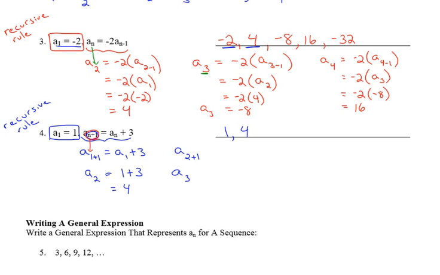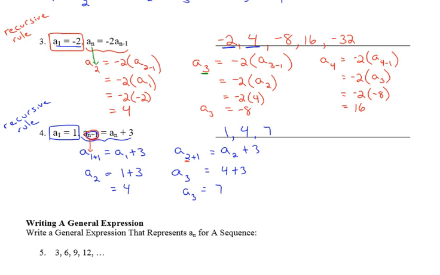Now the n has become a 2. So everywhere I see an n in the rule, I'm going to substitute a 2. Remember, the recursive rule uses the term prior to it to get the next term. A sub 2, in other words, the second term, is 4 plus 3. So the third term is 7.